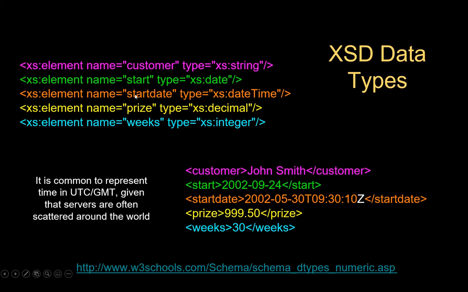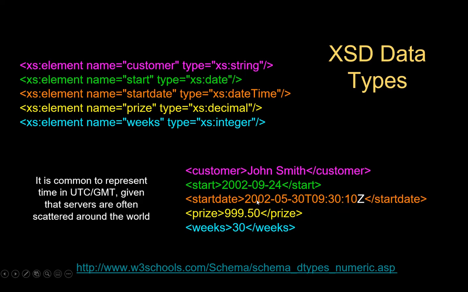We're going to have a start date with the type of date time, so this is going to show us the date and time. And the time here is UTC/GMT or Z, which is Zulu time. So that's how the time is being saved in the XML.